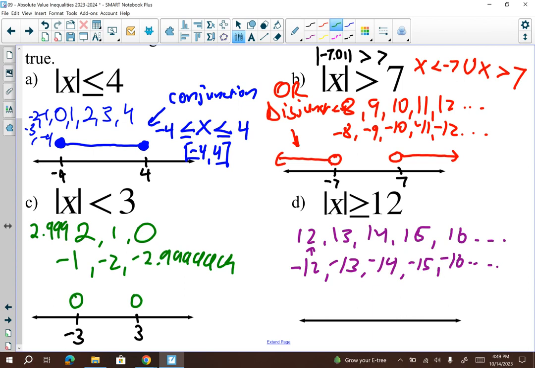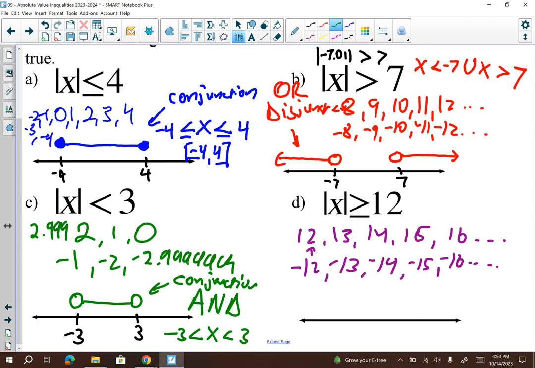Okay, and then where's 2.99, 2, 1, 0, -1, and -2? Those are all in the middle. And again, we've got another conjunction or another AND inequality, which we can model like this. -3 is less than x, and x is less than 3.